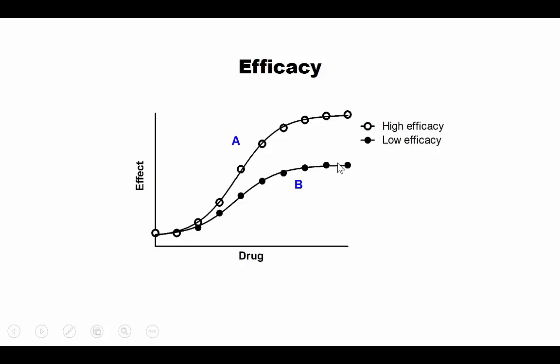This difference we call efficacy. So molecule A has a higher potential maximum, and A has higher efficacy than B, we call. If A has 100% efficacy and B has only 60% efficacy, maybe you can say B is a partial agonist for A.